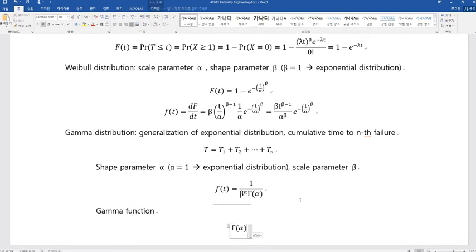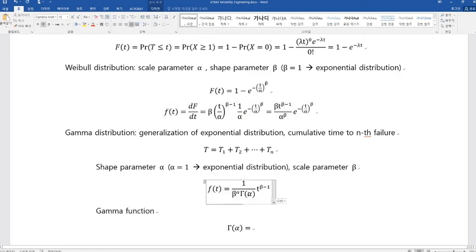Of course, I'm going to explain this later. And after that, t to the power, instead of beta minus 1, this time we are going to have alpha minus 1, and exponential of minus t over beta.